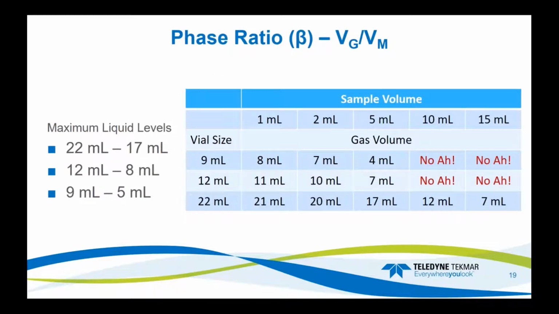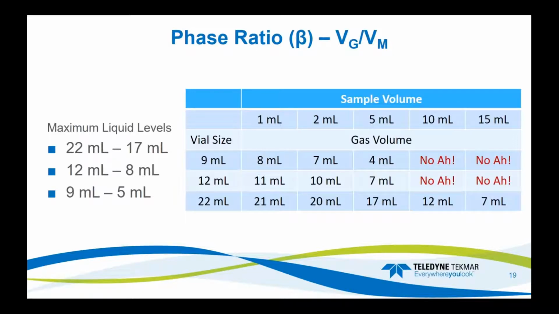Now, let's look at the phase ratio available for the 3 different sizes of vials that we have. We have the 9 mil, the 12 mil, and the 22 mil vial. We put in 1 mil, 2 mils, 5 mils. For the 22 mil vial only, we put in 10 and 15 mils. You'll see here I say no. If you can get 10 mils in a 9 mil vial, that kind of goes against one of the laws of physics, I think.